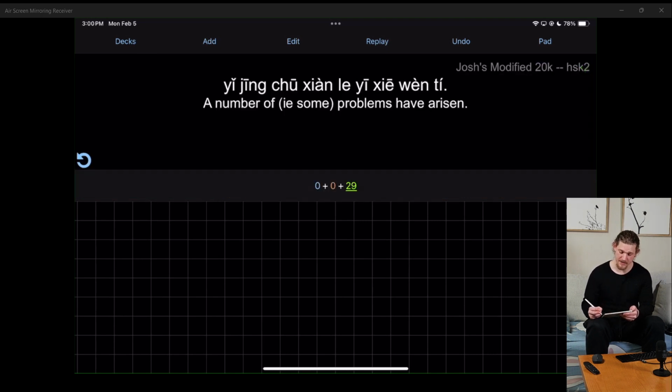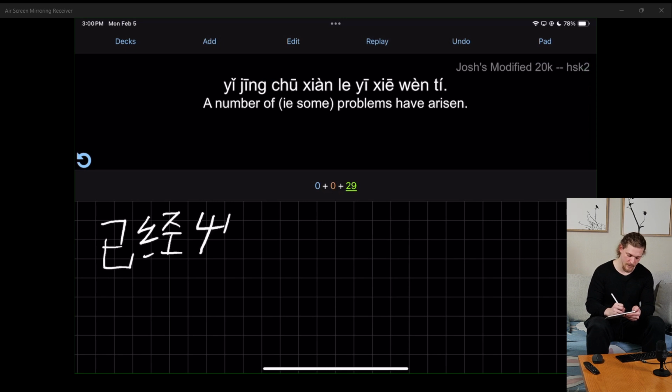No, I don't know why that popped up again. 已经出现了一些问题。 This should be 现在的现. No, I don't think this is correct. This would be like 现在, like right now.